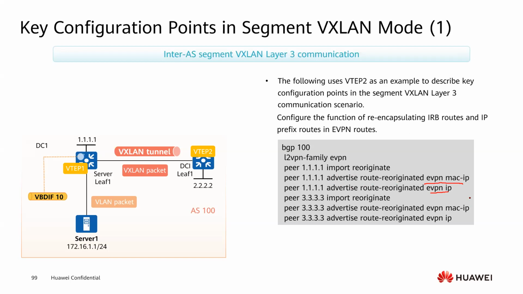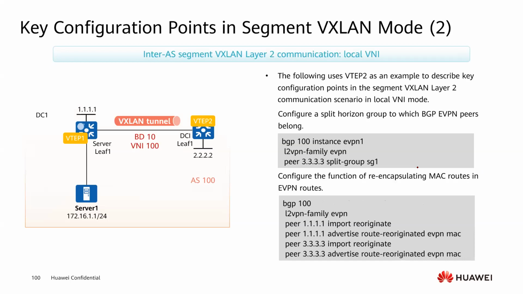It means for this command we will regenerate the type 2 route, for the MAC address information, but for this one we will regenerate the host ARP route. All right.